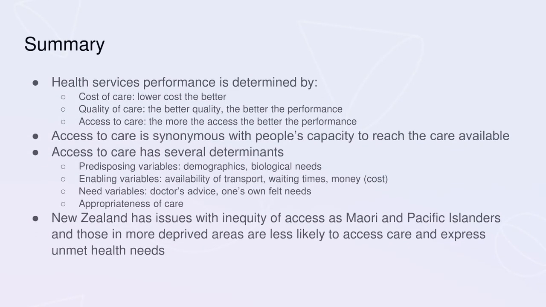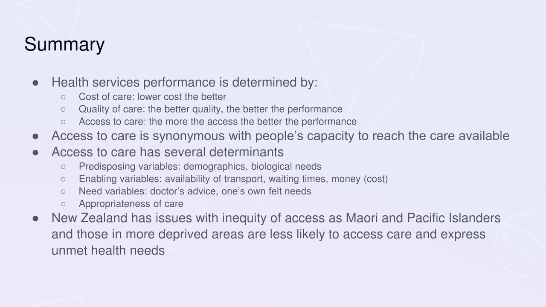So in summary, we have learned today that health services performance is determined by cost of care, quality of care, and access to care. So access to care is a cog in the machine of overall health services performance, and you should be viewing it as such. Access to care is synonymous with people's capacity to reach the care available. If that is not possible, then there is no access to care.